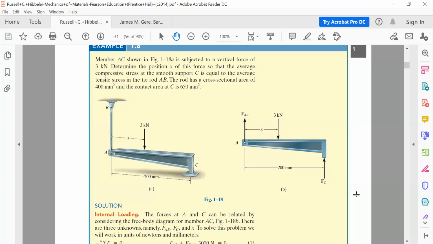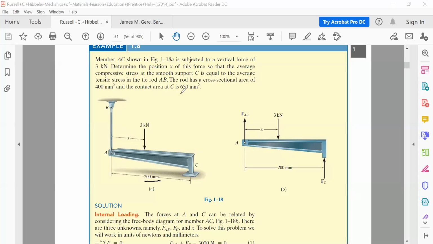We have a member AB, and this member is attached with another member AC. The total span is 200 mm. We are applying a load of 3 kilonewton at a distance x from the member AB.